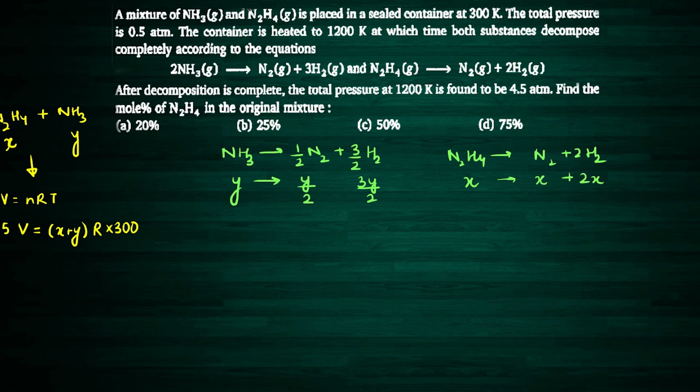So the total number of moles we now have in the mixture will be 3Y by 2 plus Y by 2, that is 2Y, and X plus 2X, that is 3X. So these are the total number of moles we now have.